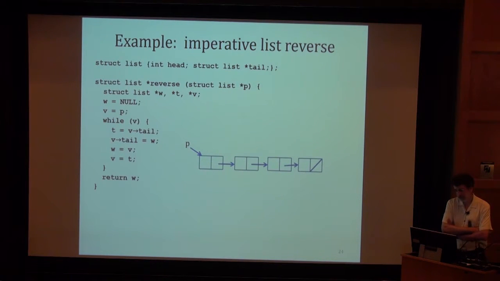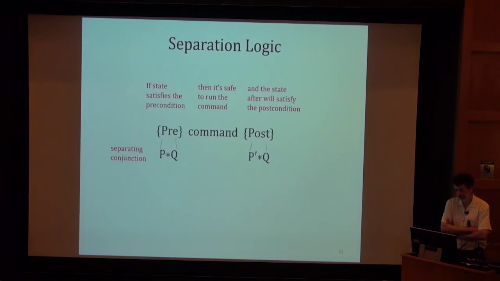Now, when we prove things about data structures, we're going to use separation logic, which is a kind of Hoare logic in which each assertion predicates on a particular subset of the memory, of the heap. And we call these heaplets. So think of it as a part of the heap with a particular footprint.